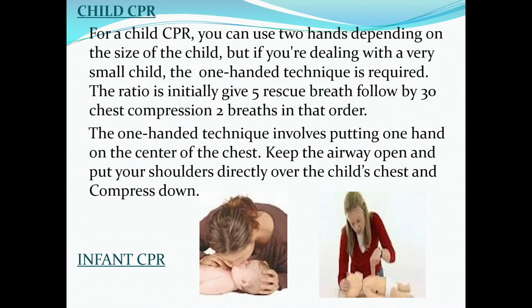So you only puff, and we puff like this. For children, you blow 5 times before you give the 30 chest compressions. And for children, you use just one hand, and then you give the chest compressions.